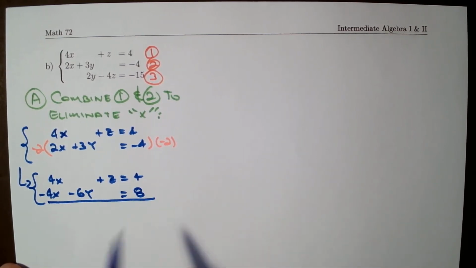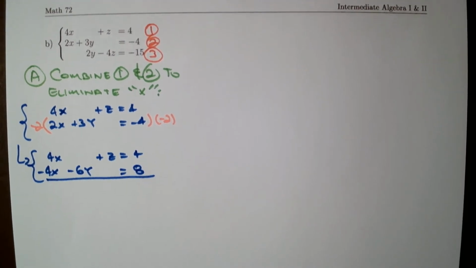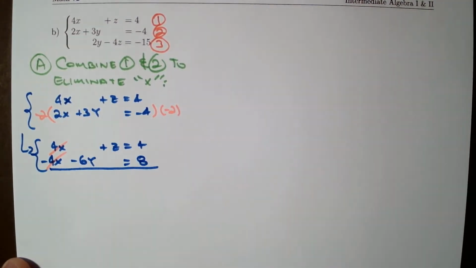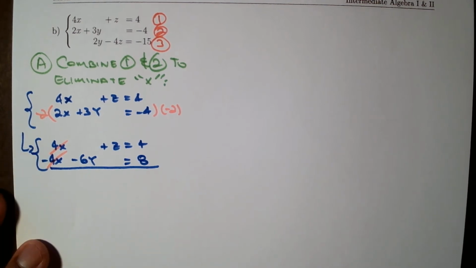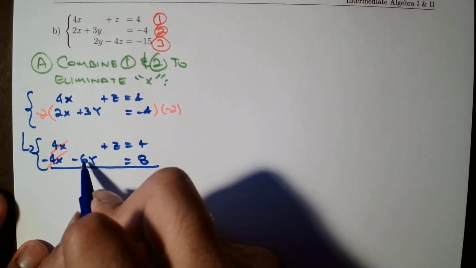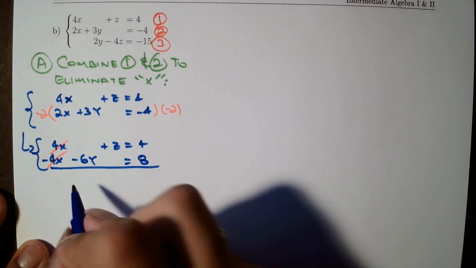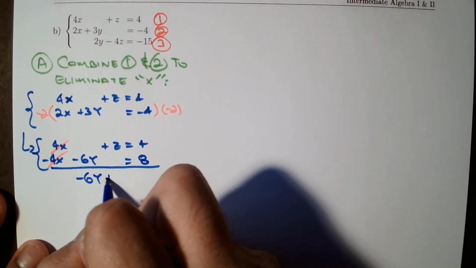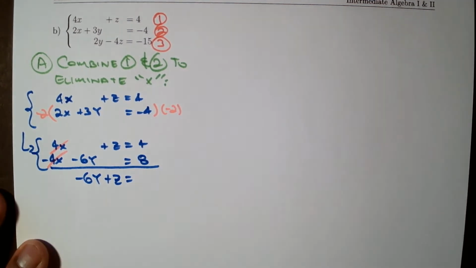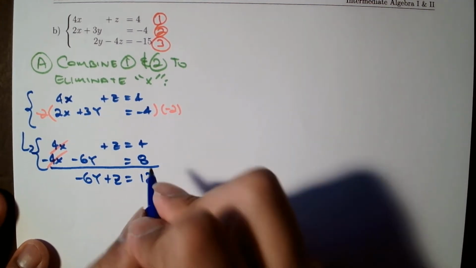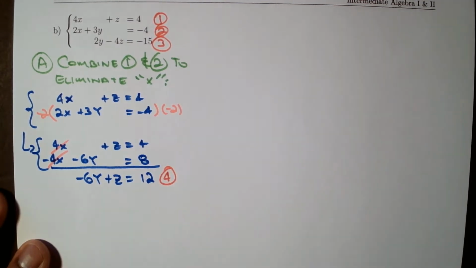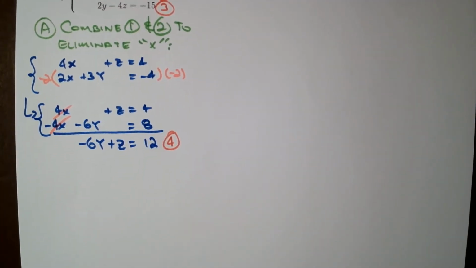So when we add the equations together, look how the 4x cancels with the negative 4x, and all we do is bring down these terms. Negative 6y, there's nothing else to combine it with, just bring it down. Same for the z. And 4 plus 8, that's a 12. And let's call it, as usual, our fourth equation, equation 4.